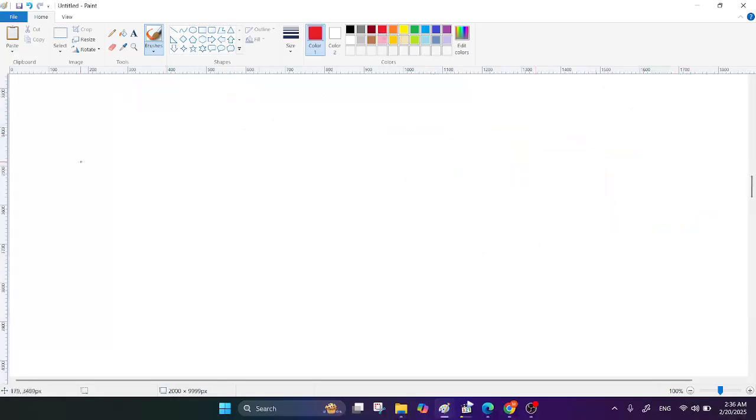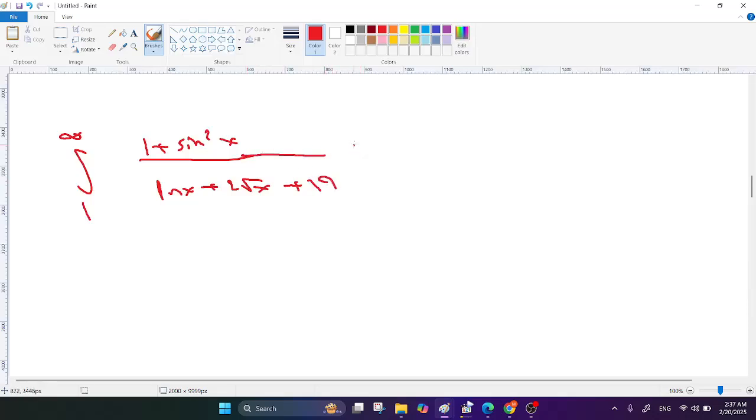Now we have this one. The integral from 1 to infinity of (1 plus sine squared x) over (ln x plus 2 square root of x plus 19) dx, okay? Now we will use the comparison test again.